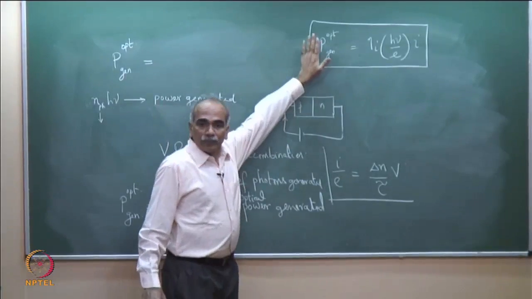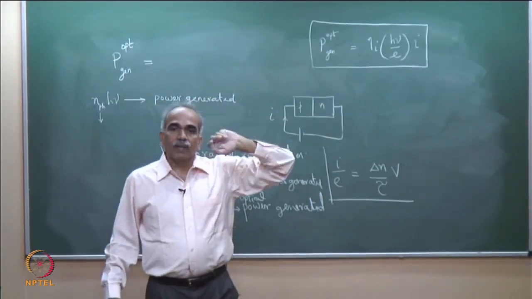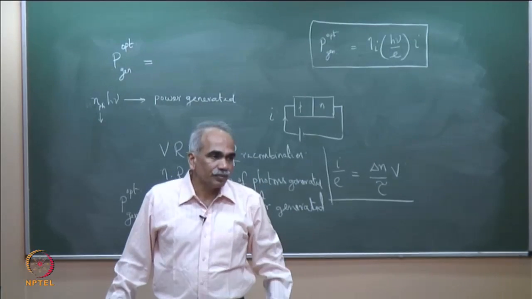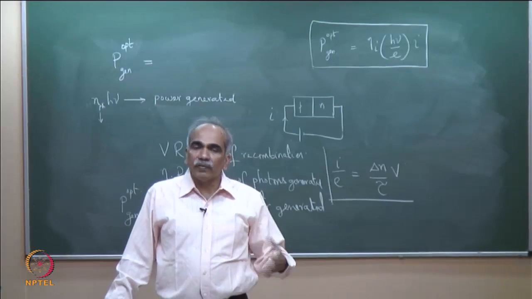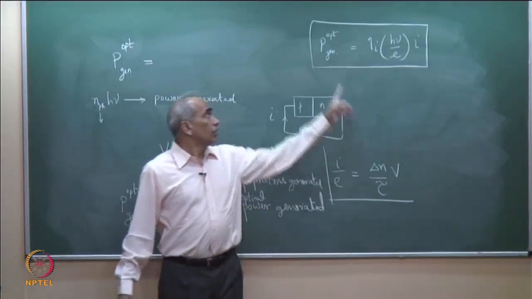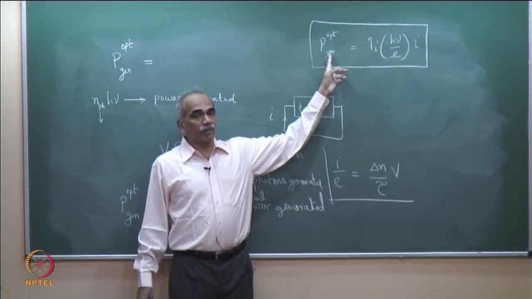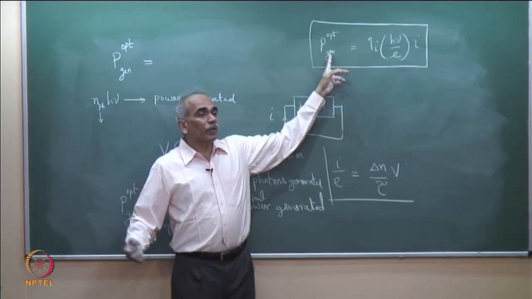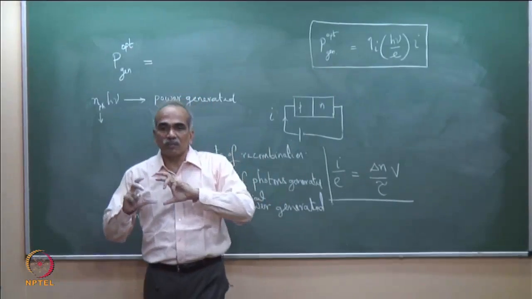With this expression I will stop here and continue in the next class. We will see there are different efficiencies which are defined, because all of the generated power does not come out. Therefore, we have to see an extraction efficiency.